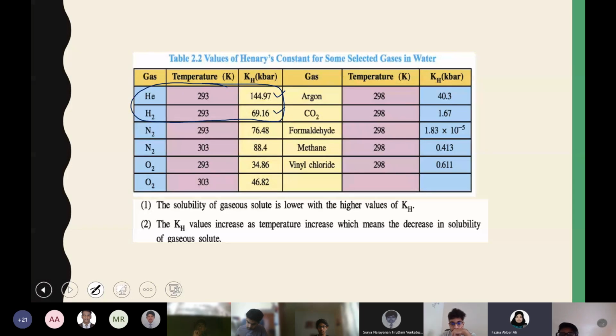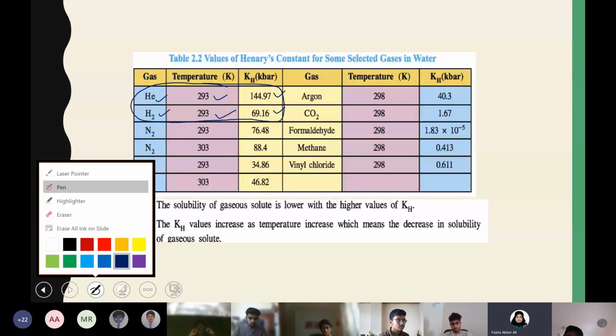That is what I said in the previous slide. KH, the Henry's law gas constant, depends on the nature of the gas. The value for helium and hydrogen will be different because they are two different types of gas, even though the temperature was the same.